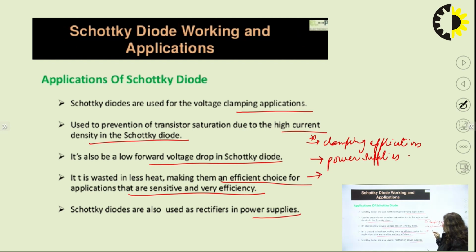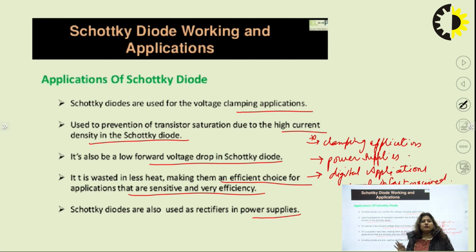And last, digital applications, wherever fast switching is required, wherever high speed is required. So these are all the applications of the Schottky diode, where we can use the Schottky diode in a better way.